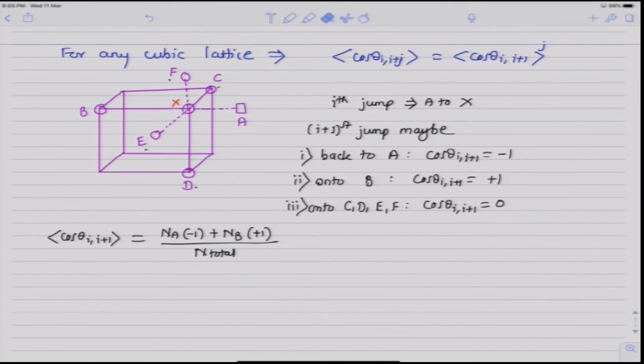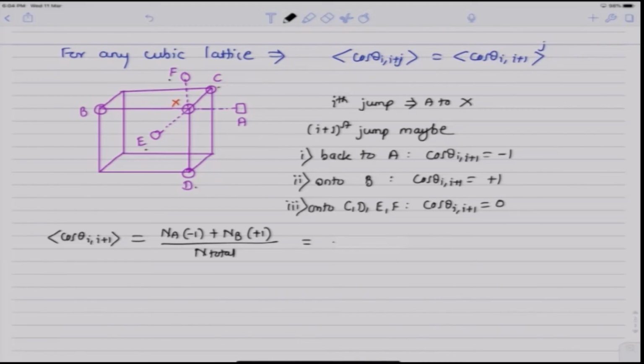Now, N A over N total is the fraction of atoms which have made the reverse jump back to A. So, it can be considered as the probability that an atom makes a reverse jump. Let us denote it as PR. So, this becomes minus PR.